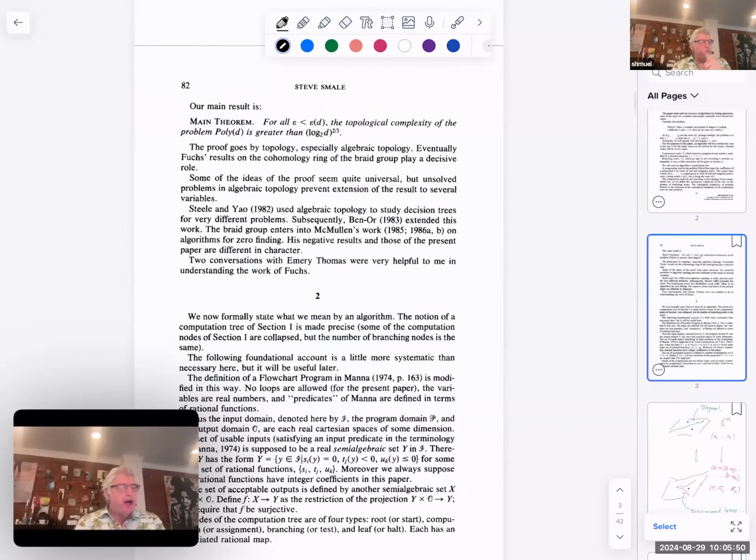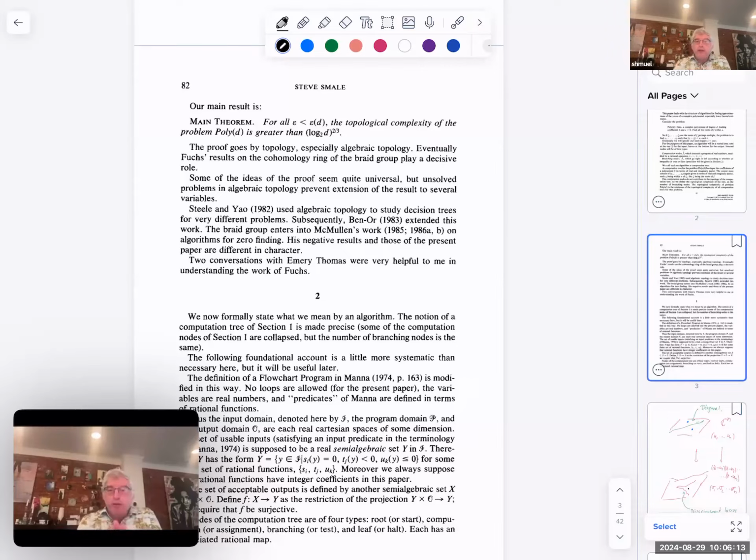The way he measures the complexity is he imagines that there's some computer program, and that at each node it either does a computation, or it might do a test: if something is greater than or equal to 0, you do one kind of computation. On the other hand, if it's less than 0, you do a different calculation.